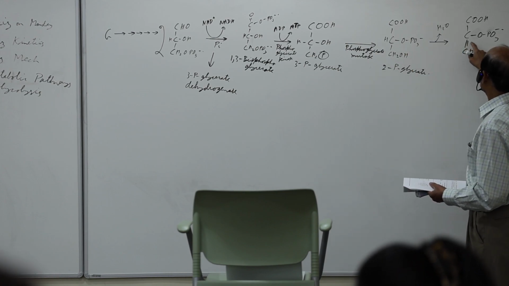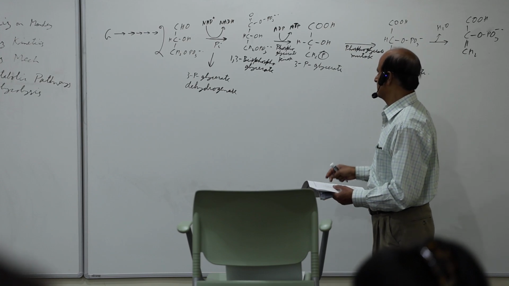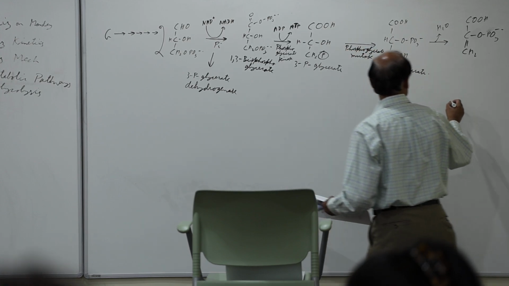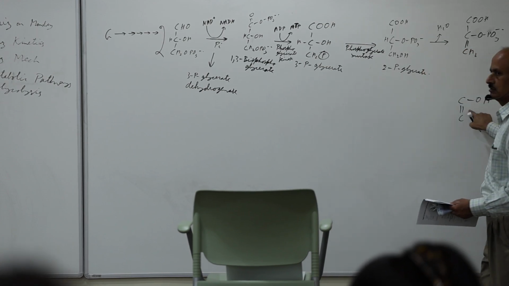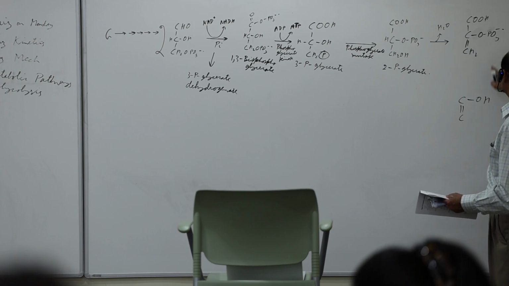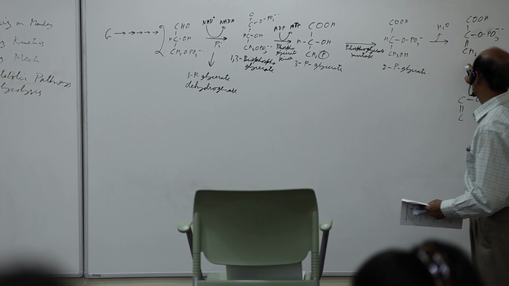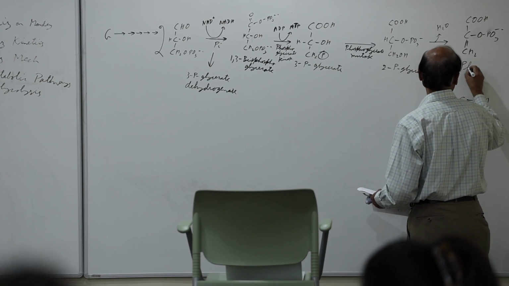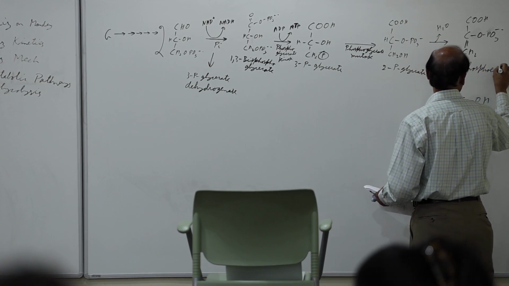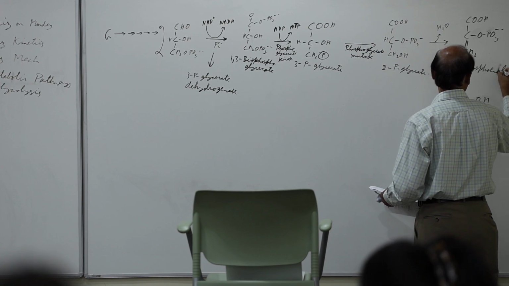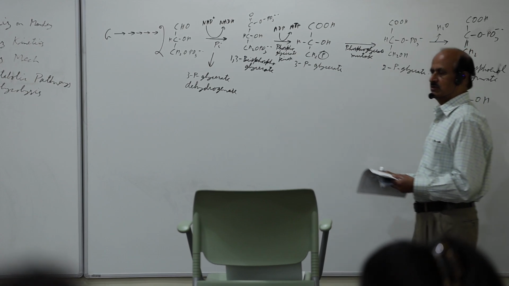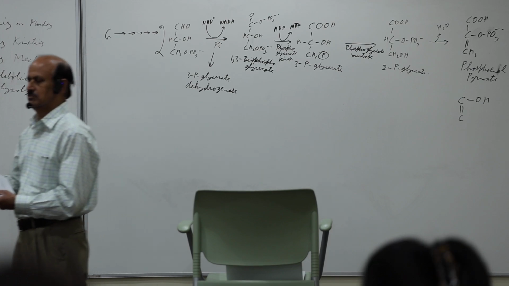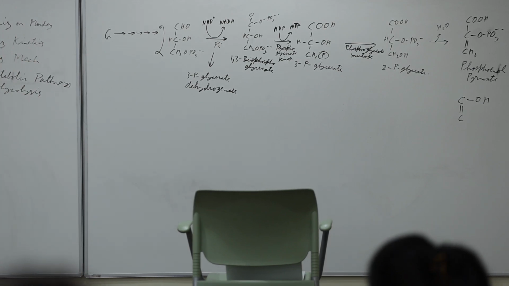So you get the enol form of the phosphate, right? Remember, if you have a structure like this with an OH, this is called an enol. And instead of H, you have a phosphate, so this is an enol phosphate, and this was your phosphoenolpyruvate. So phosphoenolpyruvate is a high energy compound, and we have seen before why it is a high energy compound, because it is stuck in the enol form, and it is used to make ATP.